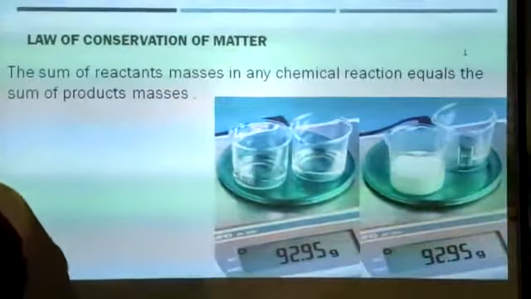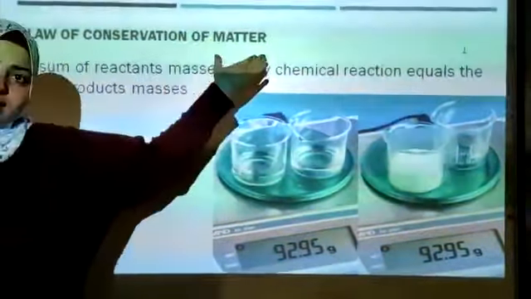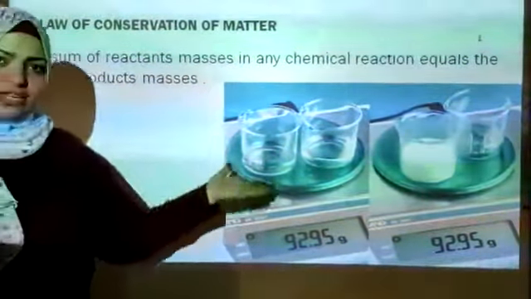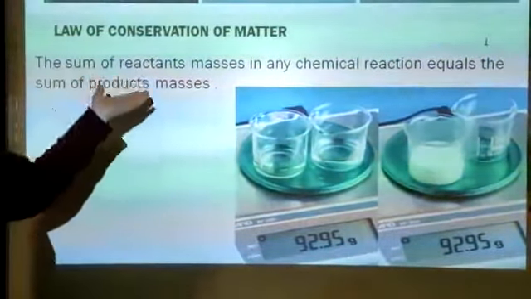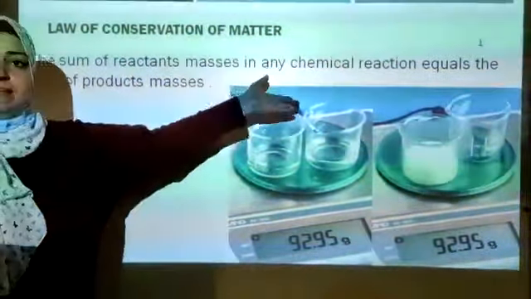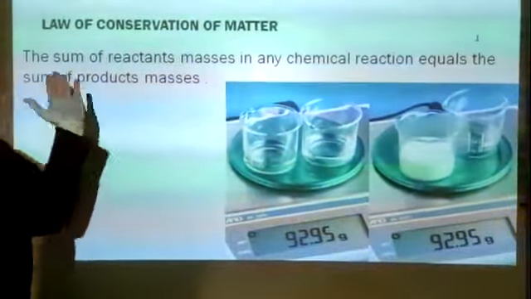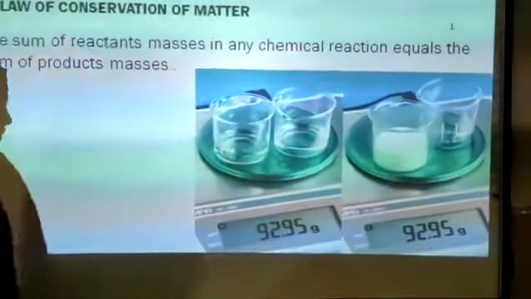Laws in chemical reaction. The first is the law of conservation of matter, and the second is the law of constant proportions. The first: the sum of reactant masses in any chemical reaction equals the sum of product masses. Look at this reaction.